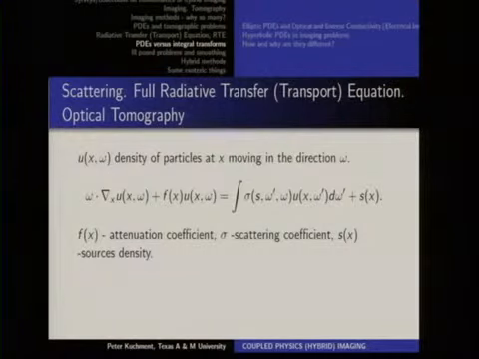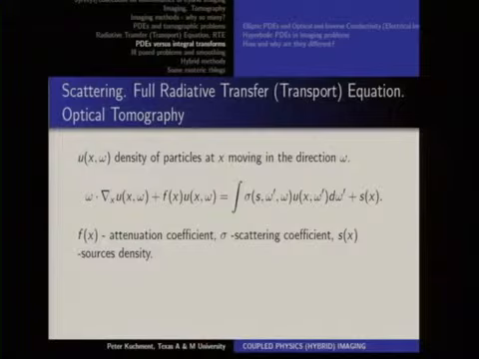Scattering actually is present even in X-ray CT, but it's usually ignored. It's ignored in two ways. The particles that get lost since they scattered away, you just include this into the attenuation coefficient f of x.